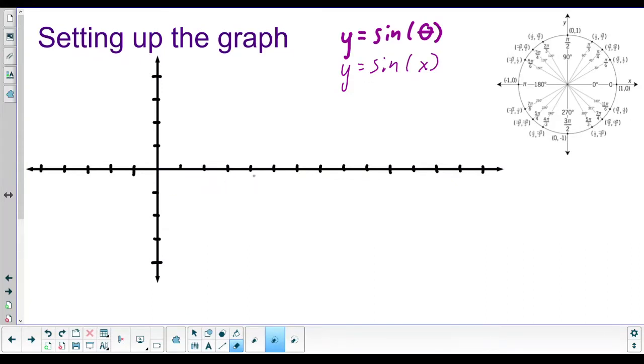All we're going to do for right now is go around this circle and write down all the multiples of 30 degrees, but using their radian measures. So we're going to use pi over 6, pi over 3, pi over 2, 2 pi over 3, and so on. We're going to skip these 45s because we want our x-axis to be evenly incremented.